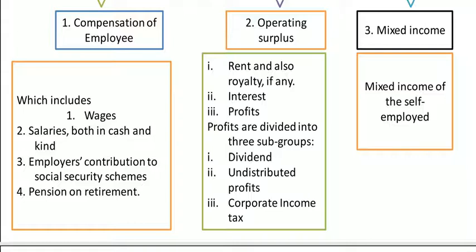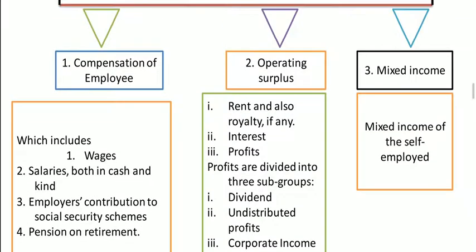We'll discuss these three, dividend, undistributed profit, corporate income tax, later. This comes under the operating surplus.